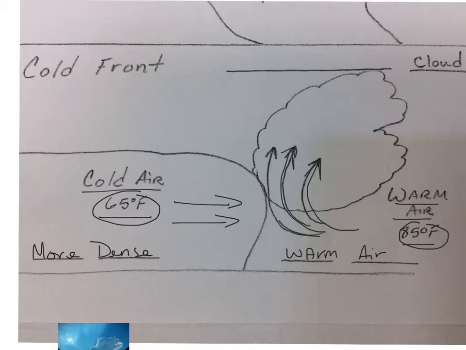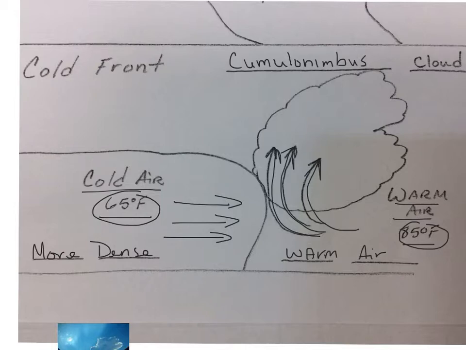You have to think of this cold air as kind of like a bully. The cold air is driving into the warm air, thrusting it up above the cold air. And when that happens, we get massive cloud formation. The clouds we're getting in this example would be cumulonimbus clouds. Write that up here, cumulonimbus. And those cumulonimbus clouds bring thunderstorms.